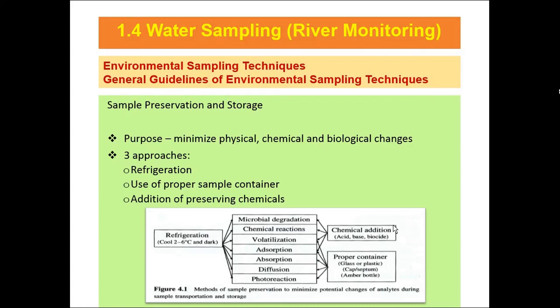Three approaches can be used: refrigeration, proper sample container, and addition of chemical. For refrigeration, it is 2 to 4 degrees Celsius in the dark. Chemical addition is possible. For the proper container, either glass or plastic, and the cap. The processes involved include biodegradation, chemical reaction, absorption, diffusion and photoreaction.